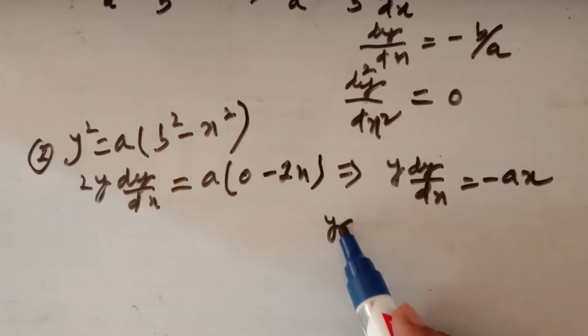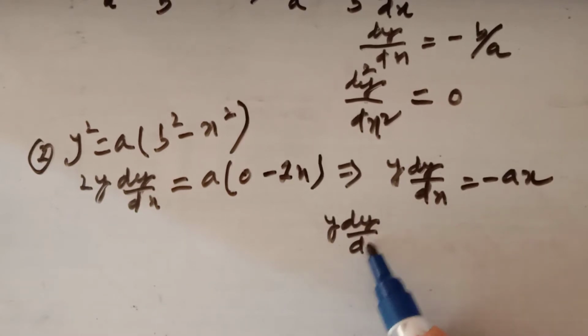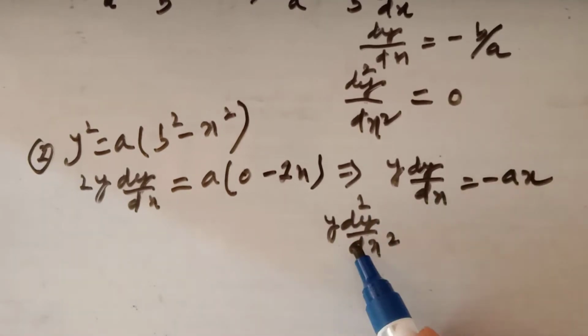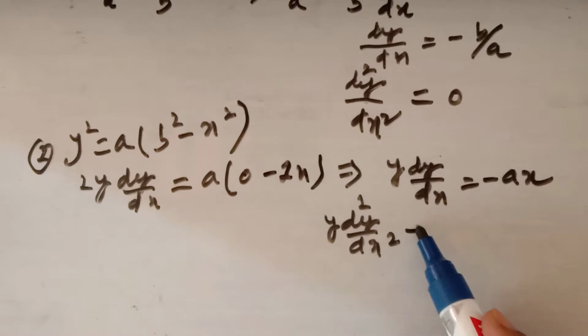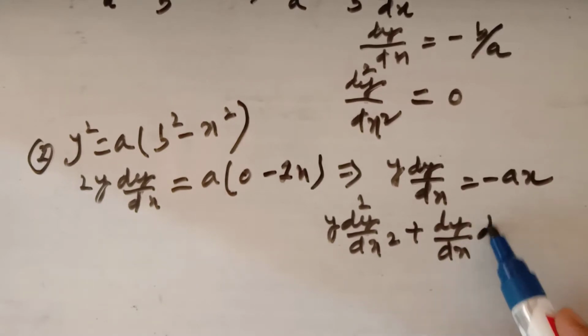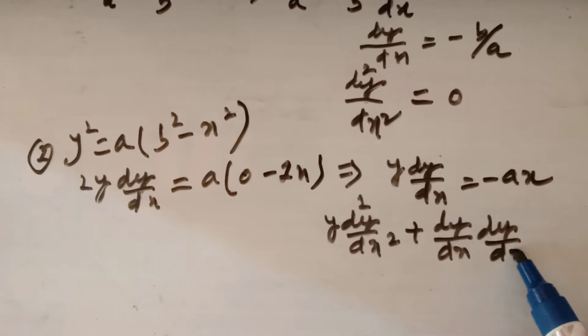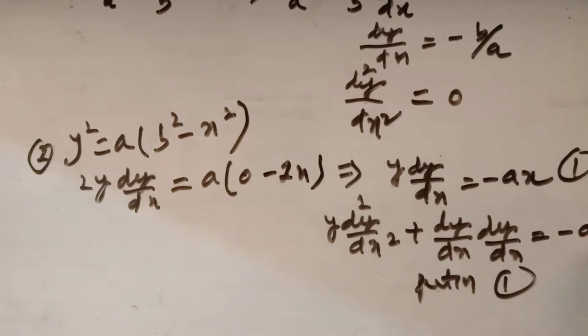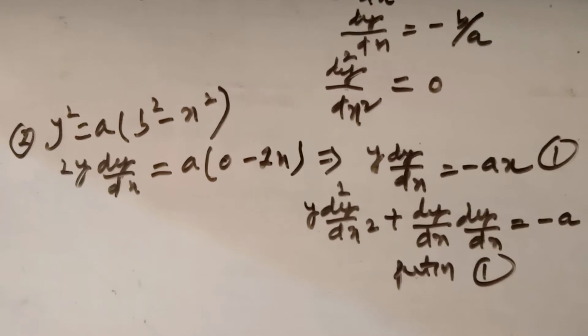So I'm differentiating it again. You have to use the product rule in this. First of all, I'm differentiating dy/dx, which will give the second derivative. Then I am differentiating y, which will give dy/dx, and the derivative of minus ax is minus a. You put the value of minus a in equation number 1 and you will get a differential equation.